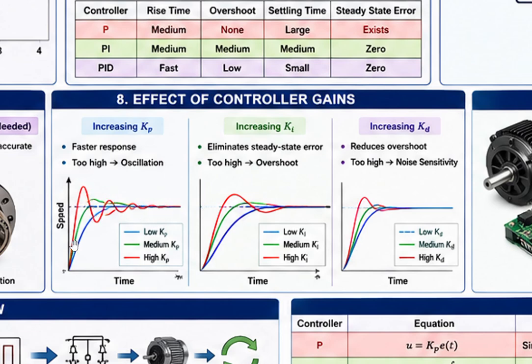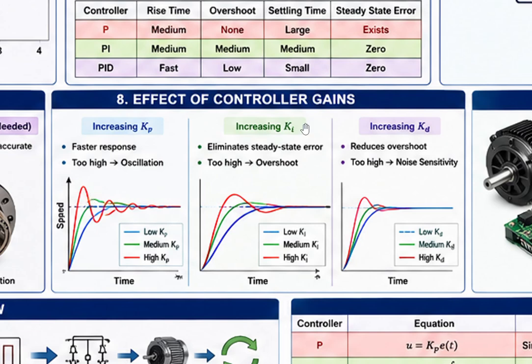For medium Kp value, green, it gets slight overshoot and some oscillation, but when compared to high Kp, it is somewhat lesser. Whereas for low Kp, it slowly settles down to the speed, but it is a very slow response when compared to the high Kp value.